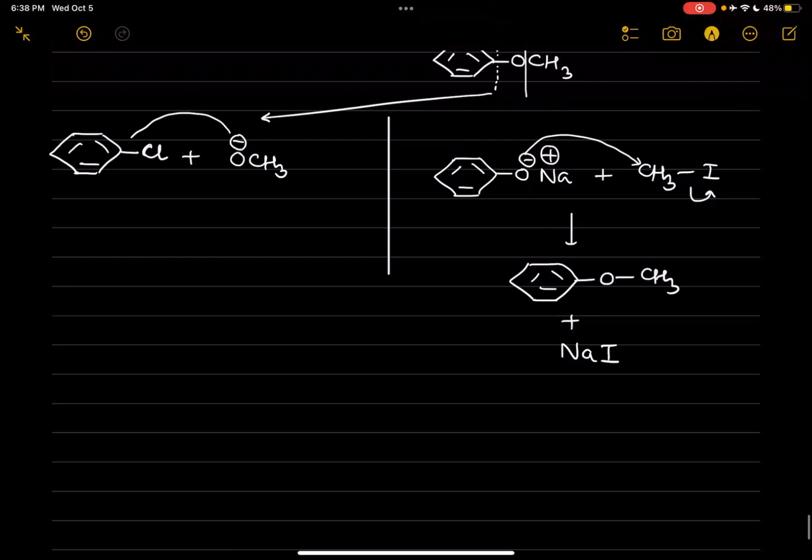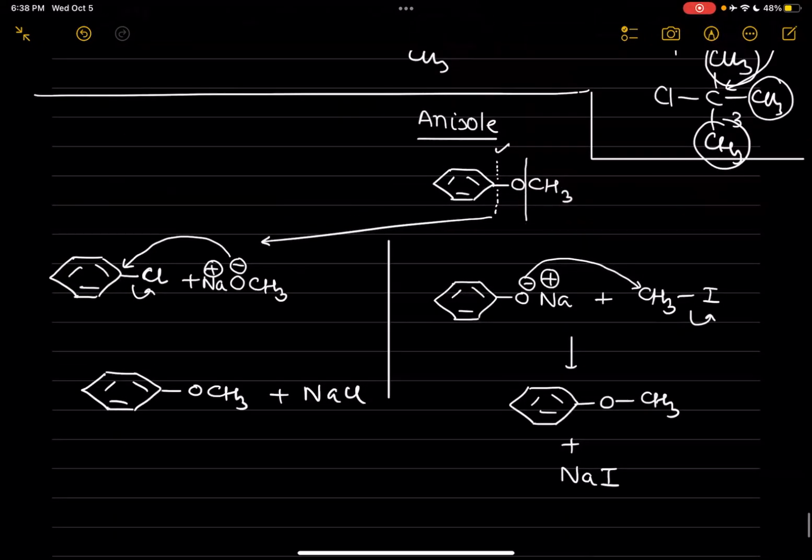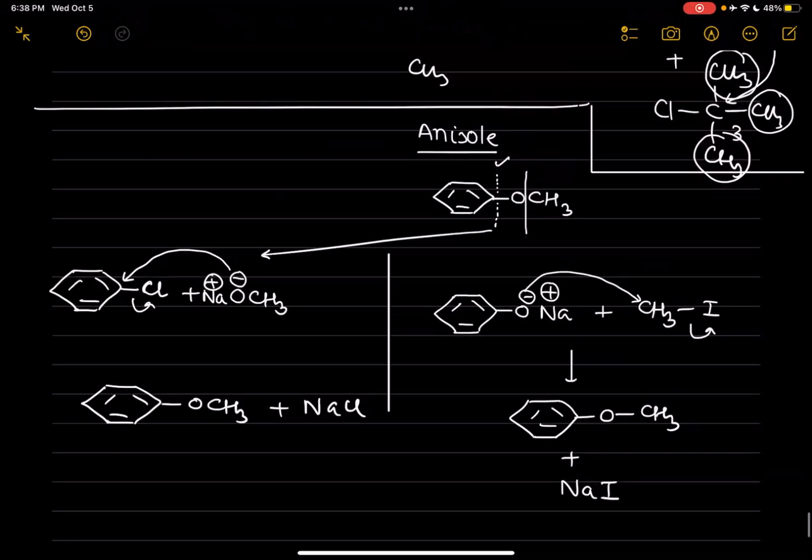And this also theoretically I can show you. The OCH3 is going to come in and push out the Cl. I hope everybody is getting what I'm trying to say. So which method are you going to adopt? Tell me quickly.